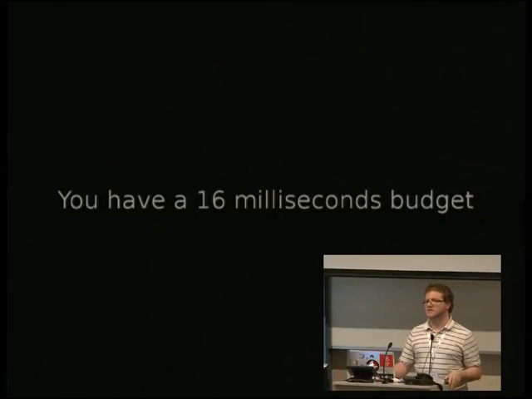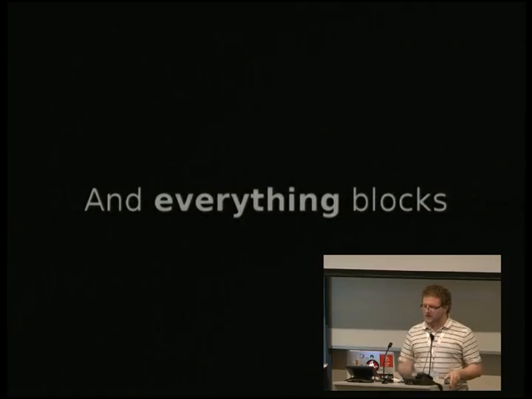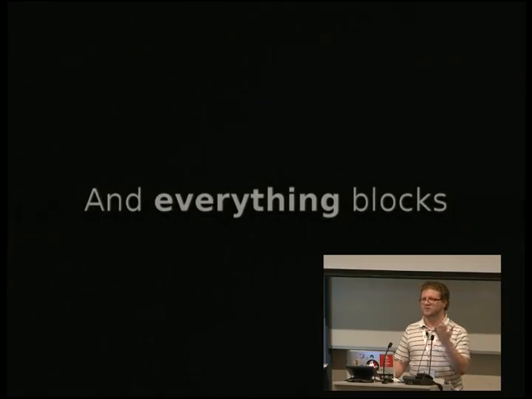Mostly because you have a main loop and you have a very, very hard budget, which is usually 16 milliseconds, and everything blocks. Everything can block, and everything will block, especially if it picks up something from application code.